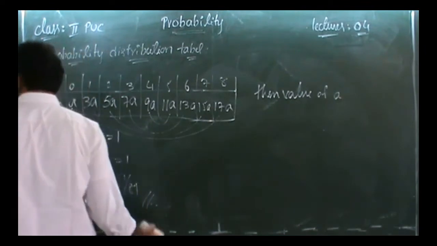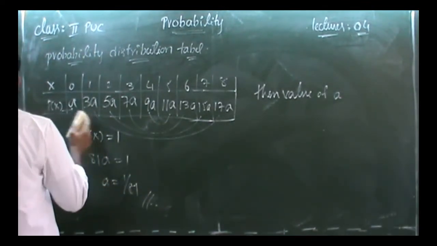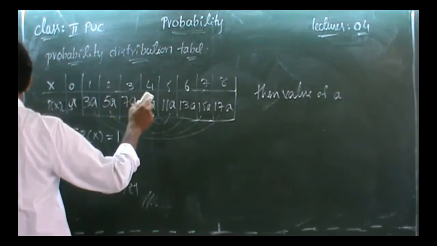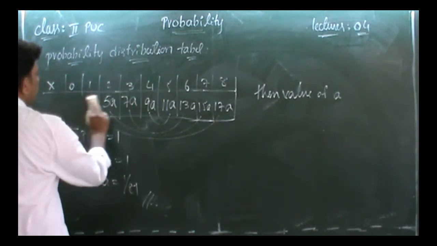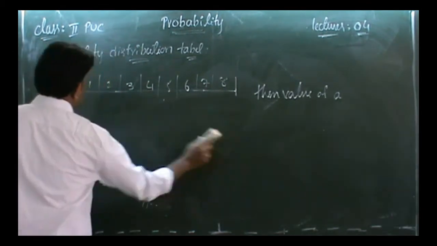Now we'll take another example on this model. The x values are 1, 2, 3, 4, 5, 6, 7, 8 only, but the P of x values are changed here.